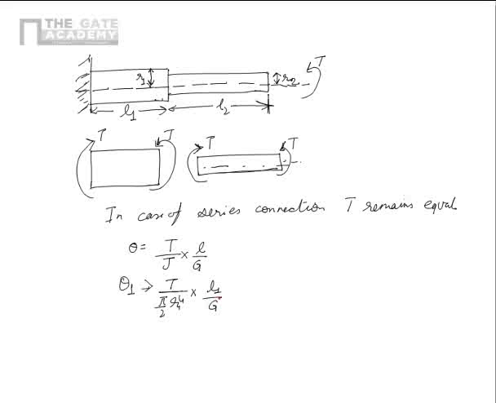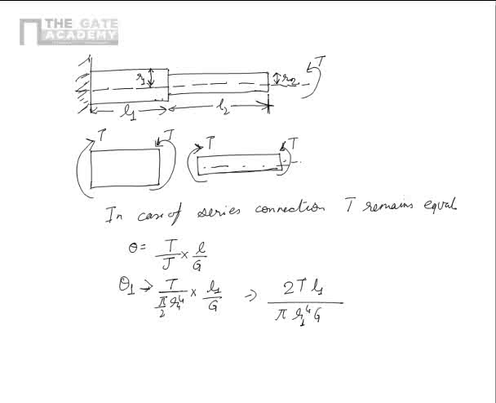So this is the twist for the first bar. It can be further simplified to 2T L1 by pi R1 to power 4 G.